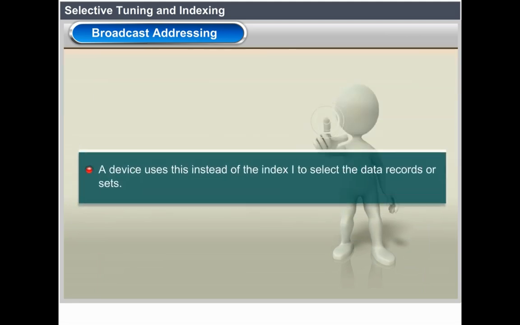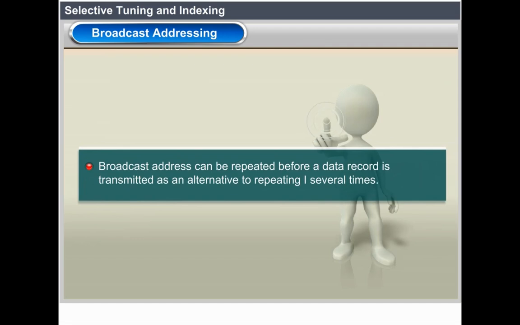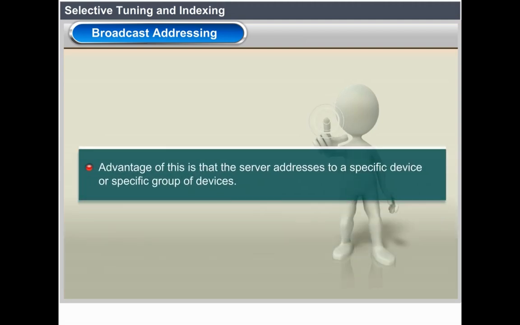A device uses this in place of the index I to select the data records or sets. The broadcast address can be repeated before a data record is transmitted as an alternative to repeating I several times. The advantage of this is that the server addresses a specific device or specific group of devices.